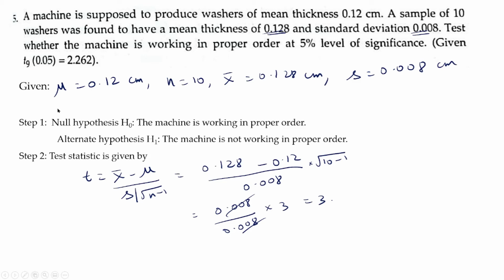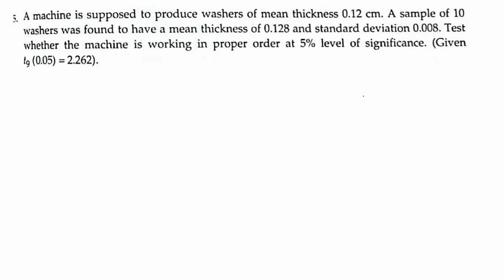Now this 3 is more than the tabulated value 2.262. 3 greater than 2.262. As a result, we have to reject H0. It means the machine is not working in proper order. So we have step 3.